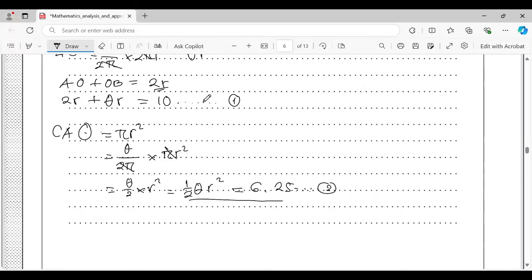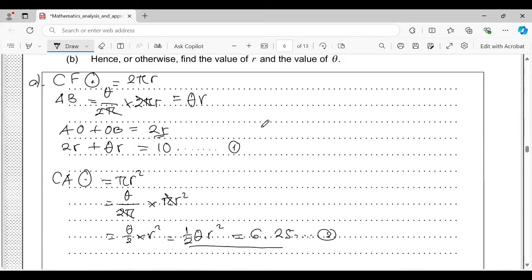Now, from the first equation, we can arrange it to become theta r equals 10 minus 2r. While for the second equation, we can arrange it.